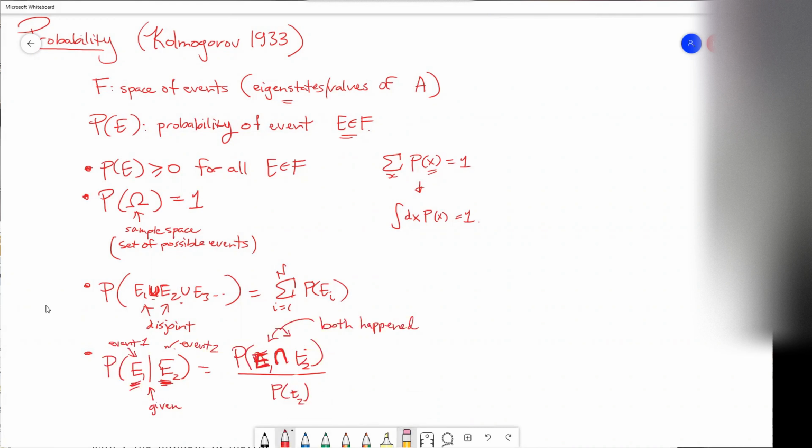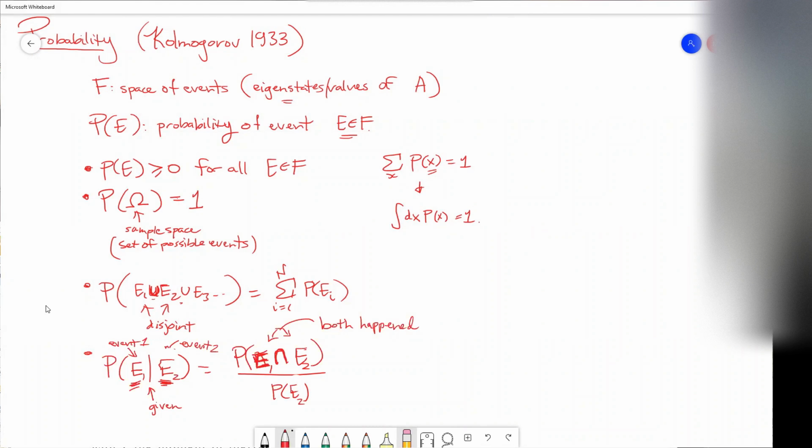Omega is an F? The way to think about it is, this is where it gets a little bit technical.